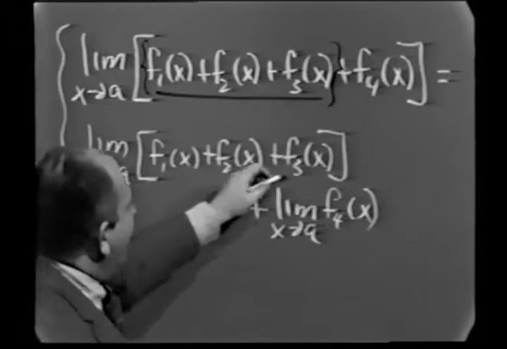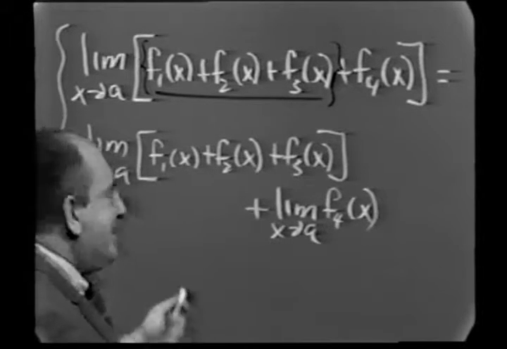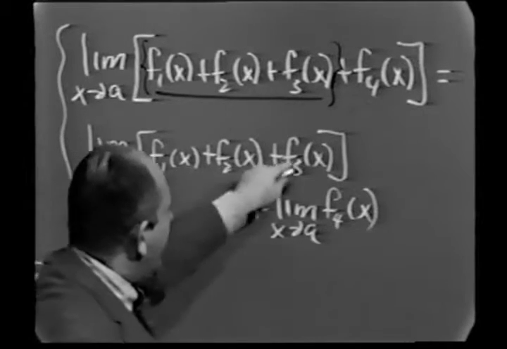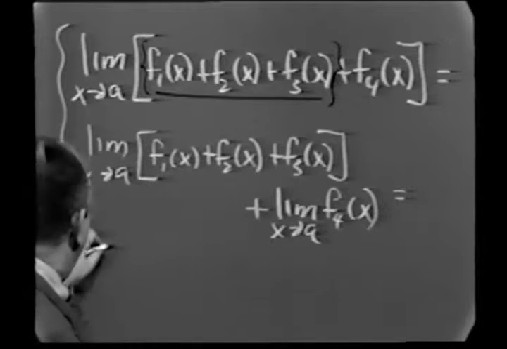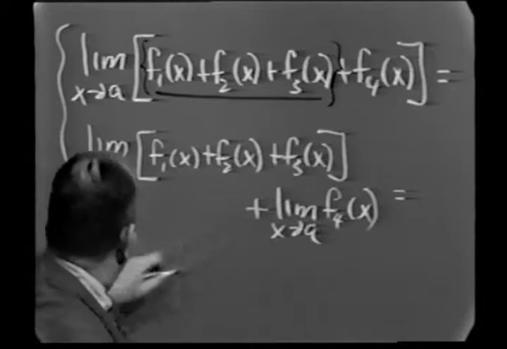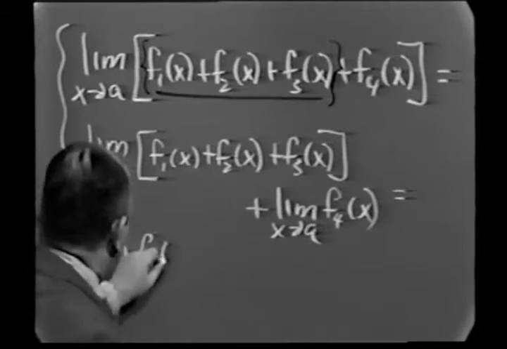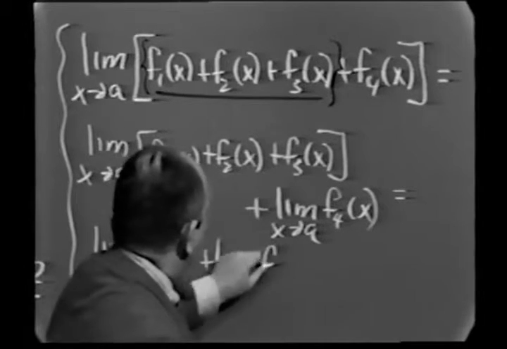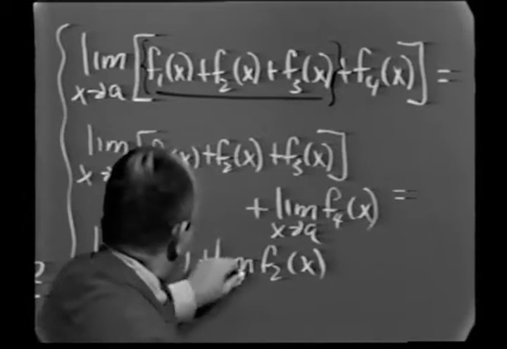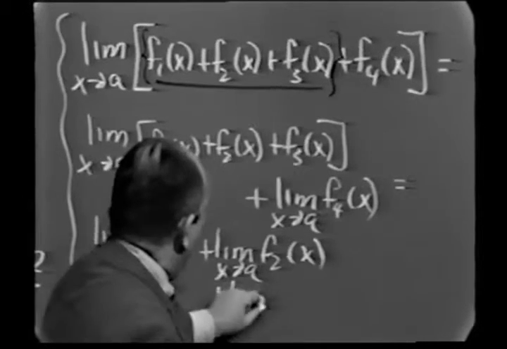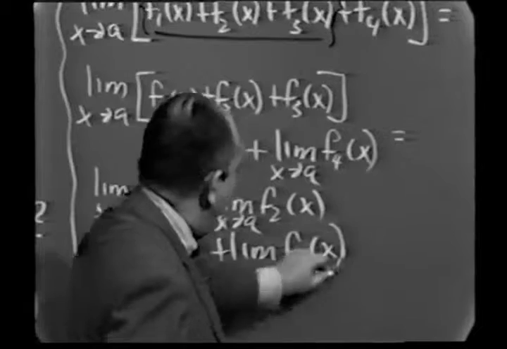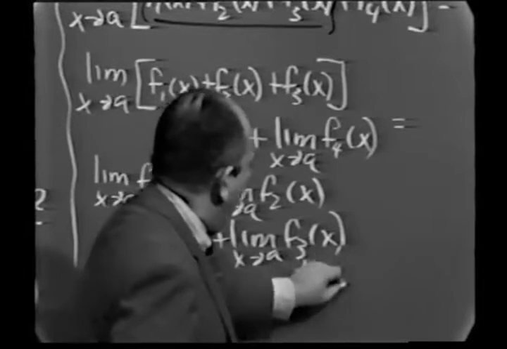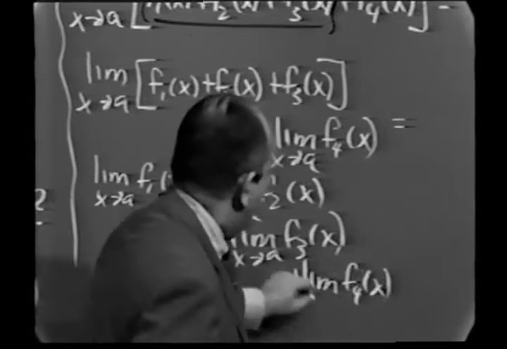Now you see our previous case told us what? That the limit of a sum is equal to the sum of the limits if you have the sum of three functions. That's exactly what we have over here. And now you see we can say what? This is the limit of the first as x approaches a plus the limit of the second as x approaches a plus the limit of the third as x approaches a plus the limit of the fourth as x approaches a.